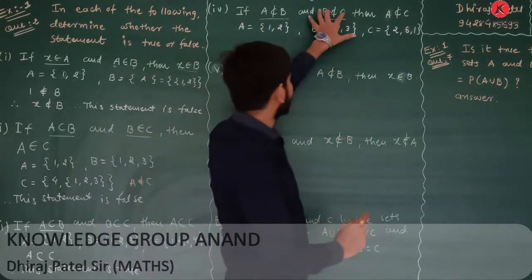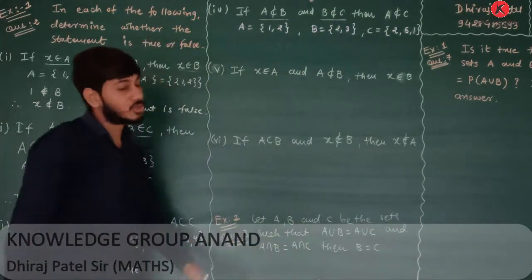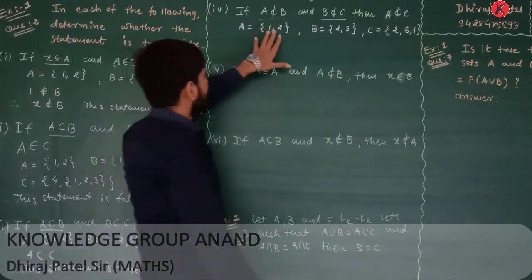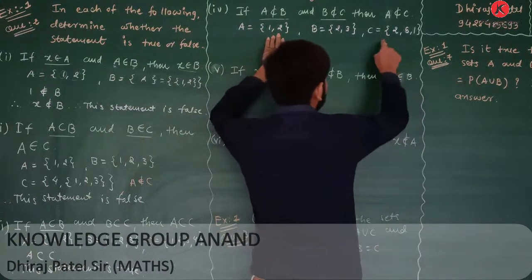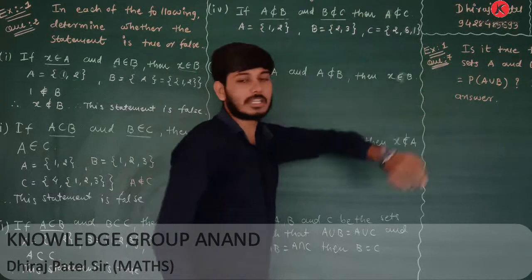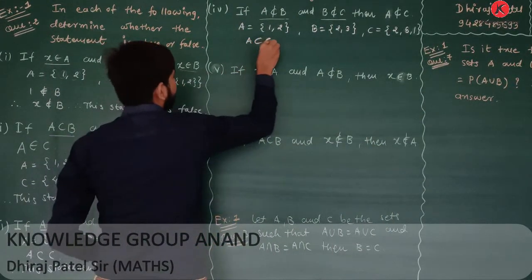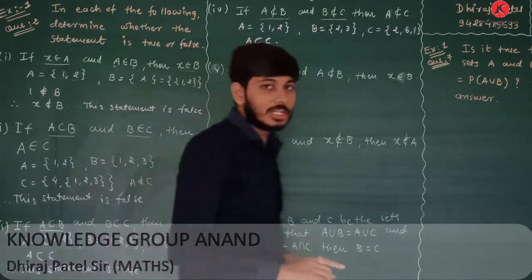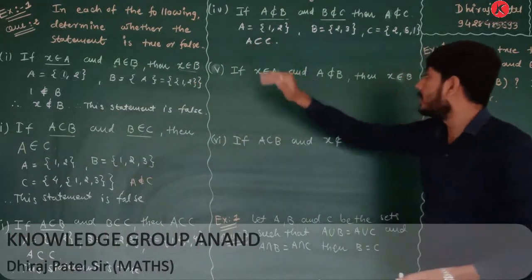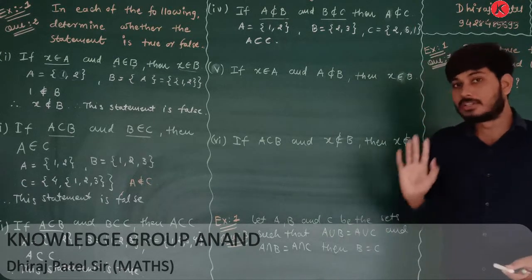So these two conditions are satisfied. Now look at the case of A: A equals {1, 2} and C equals {1, 2, 5}. That means all the elements of set A are in set C here. So A is a subset of C. So see, in the first example I took, {2, 5, 6}, this did not happen.